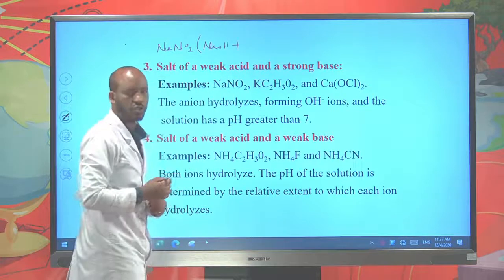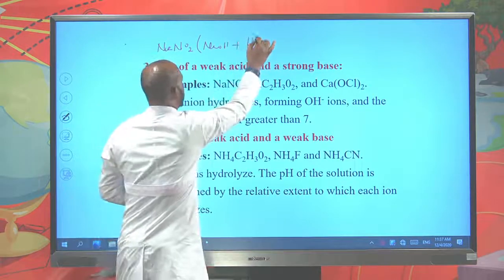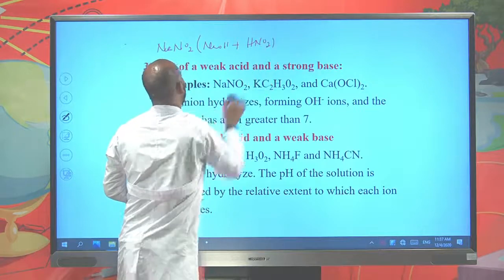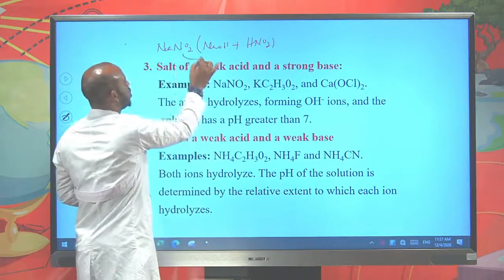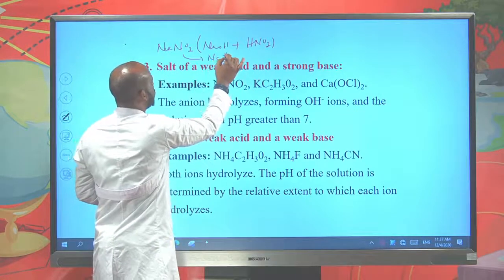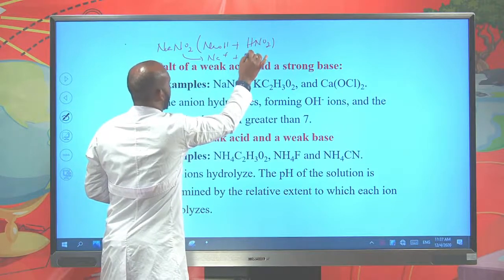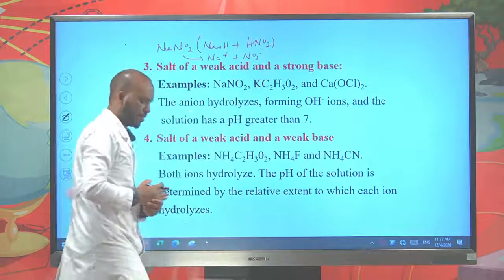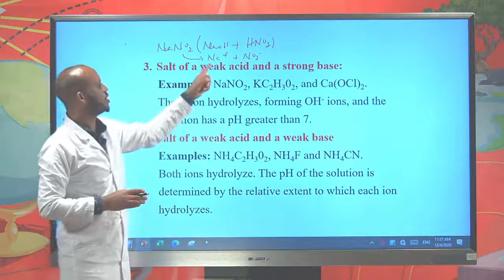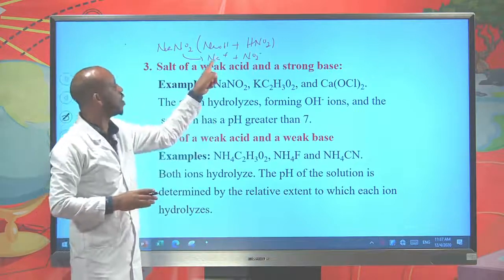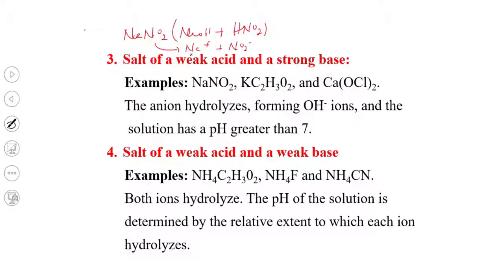and a weak acid, nitrous acid, HNO2. This completely dissociates into sodium plus and nitrite ion, NO2 minus. As we said, hydrolysis of a salt is the reaction of ions of the salt with water to produce hydronium or OH minus.